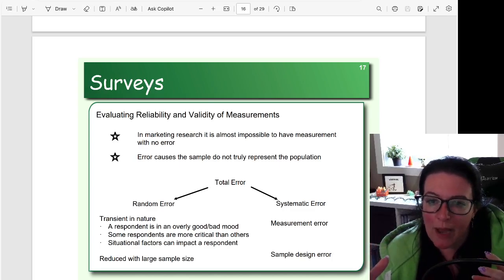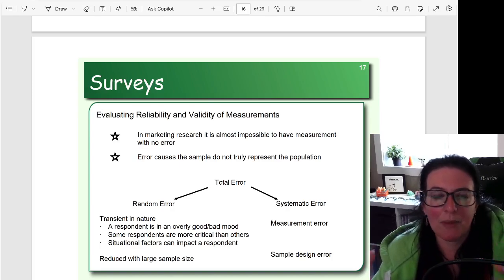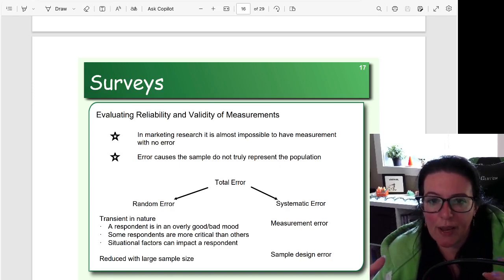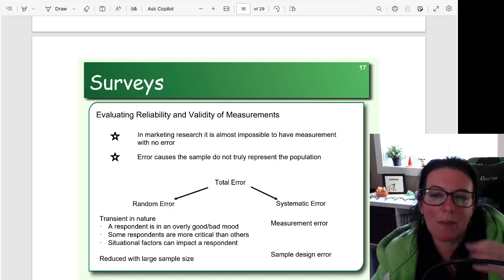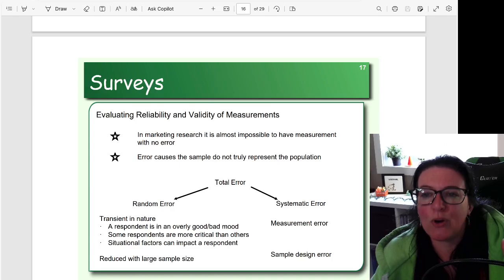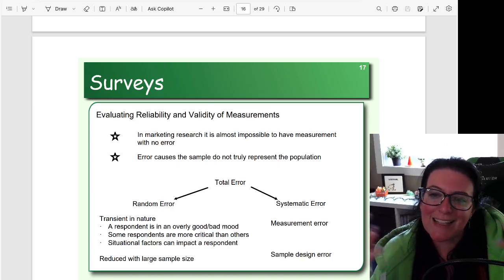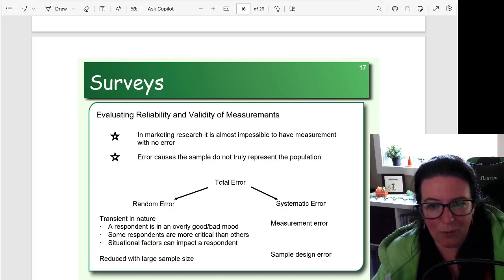We have random error, which is transient in nature. The idea that some of the people who respond to your survey will be in a good mood and some of them will be in a bad mood. Those who are in a bad mood are going to be overly negative in their opinions. Those who are in a good mood are going to be overly positive. The idea here with random error is that if you have a big enough sample size, then they kind of cancel each other out.